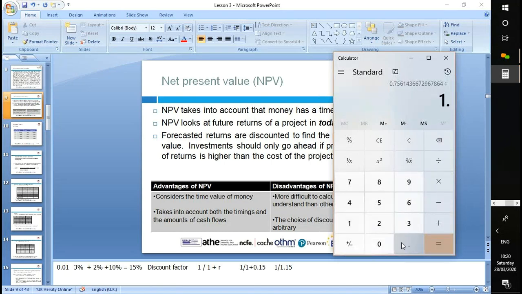Year 3, dividing by 1.15 again will be 0.657. So it carries on depreciating its value.